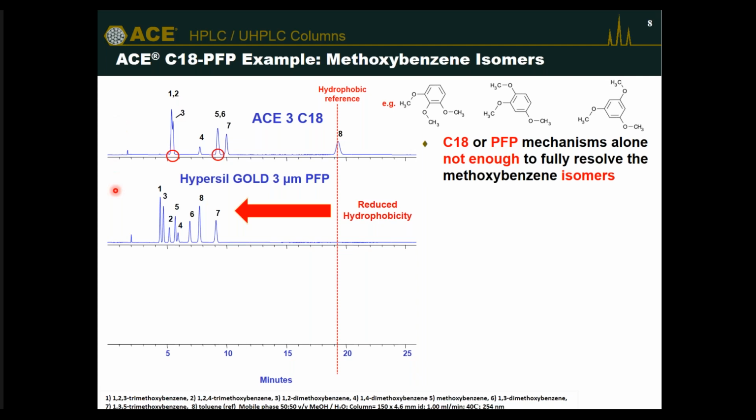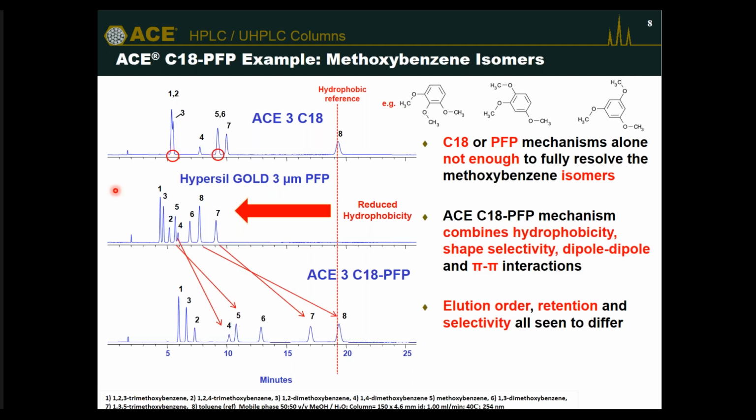We've almost got complete resolution of those closely related compounds, but still one or two co-eluting, and all of the compounds elute relatively quickly because they're closer to the injection, the T0 on the chromatogram. There's little hydrophobicity to this stationary phase.